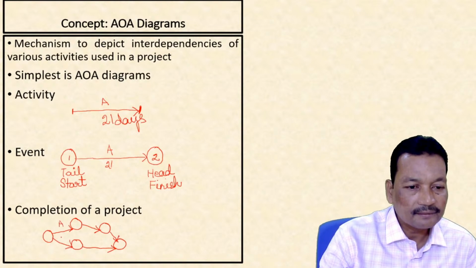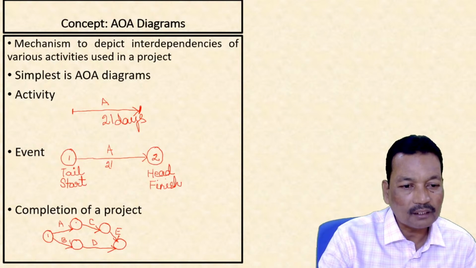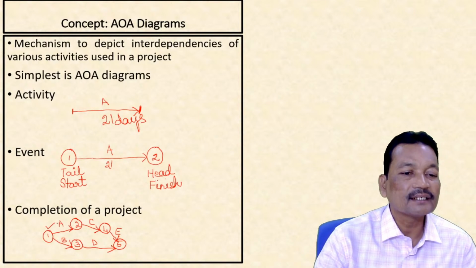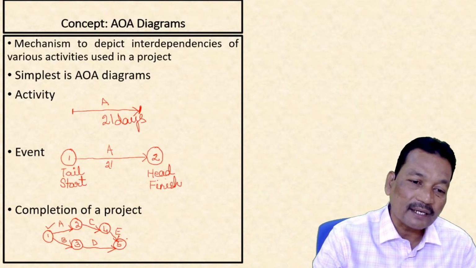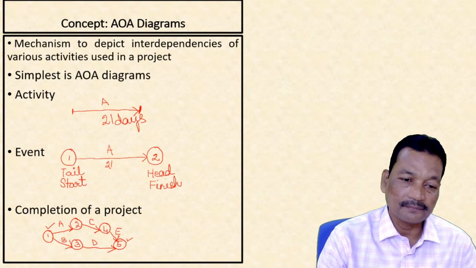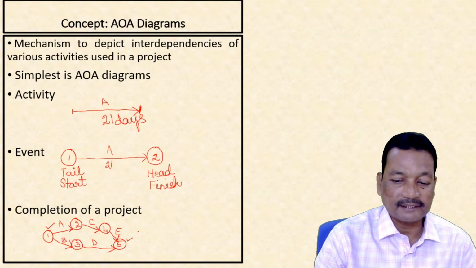Activities are A, B, C, D, E. And the events sequentially I can number as 1, 2, 3, 4, and 5. What is the starting point of the project? Now we can say this is the starting point of the project. When the project is completed, now when event 5 will occur, that means both activities E and D are completed.